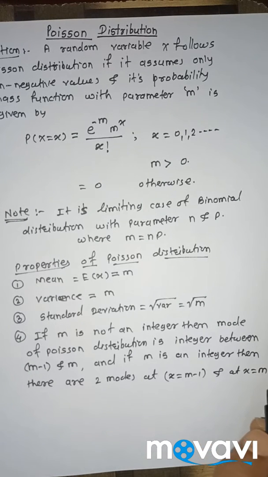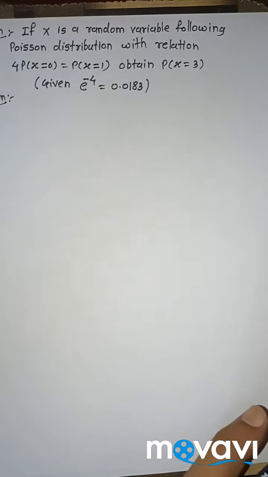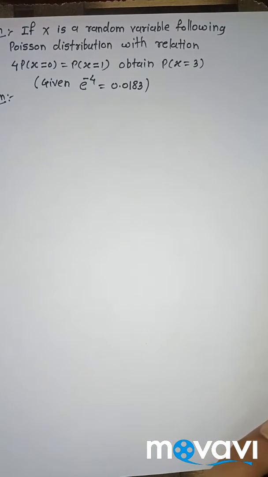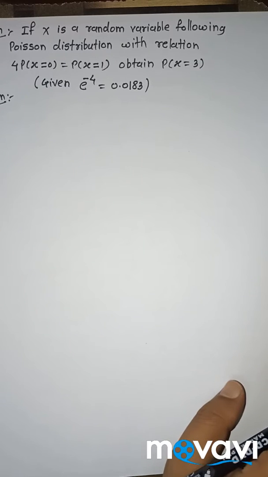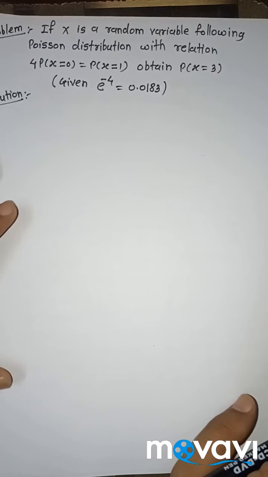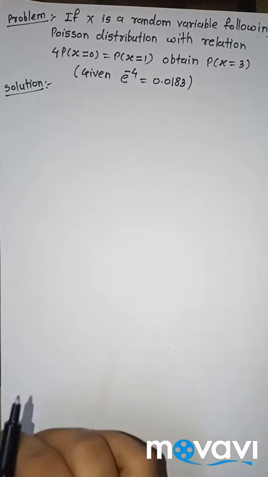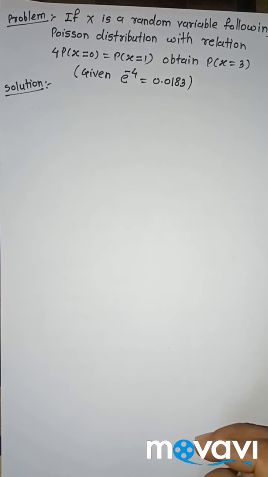Then we see some examples of Poisson distribution. If X is a random variable following Poisson distribution with relation 4 into probability of X equal to 0 is equal to probability of X equal to 1, obtain P of X equal to 3, and given e raised to minus 4 is 0.0183.